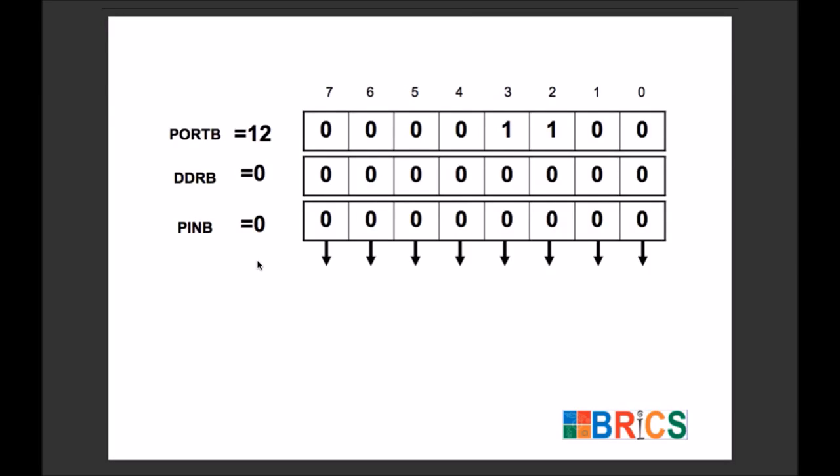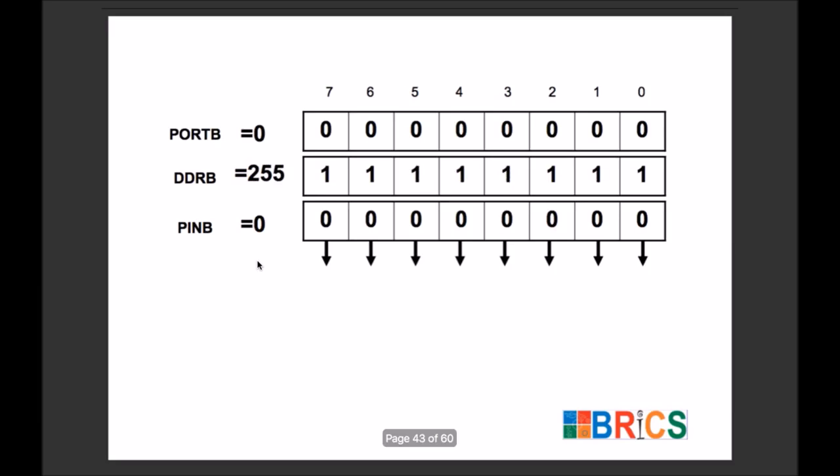I have a representation of these numbers in decimal as well as binary. So here we have written PORTB equal to 12, and in binary you can see it's 00001100. Similarly, I have written PORTB equal to 33, so in binary it's 00100001. Similarly, we can write some number on DDRB also, that is 69, 01000101.